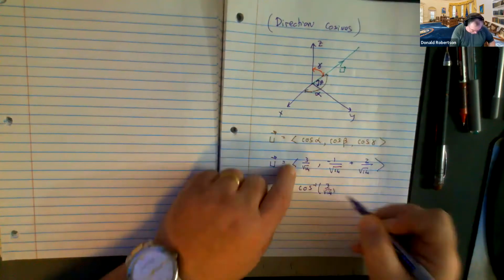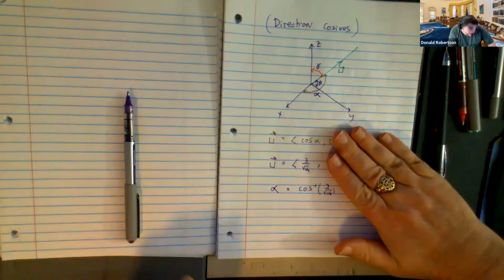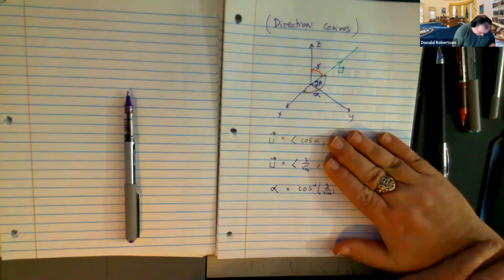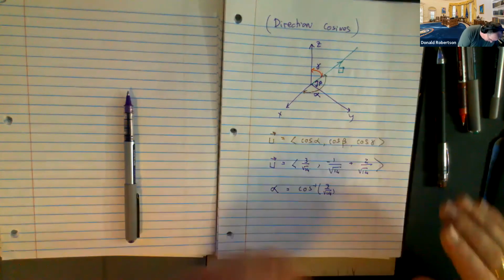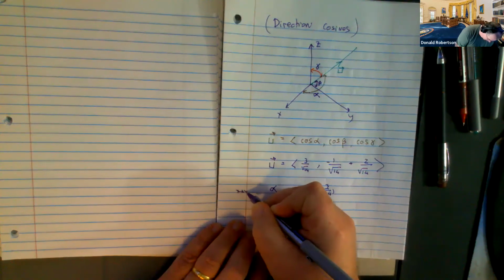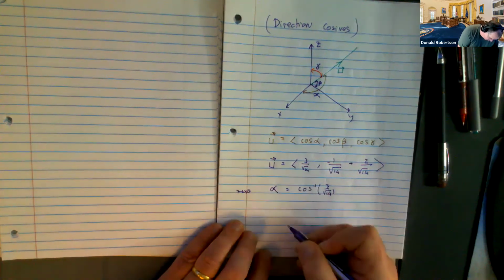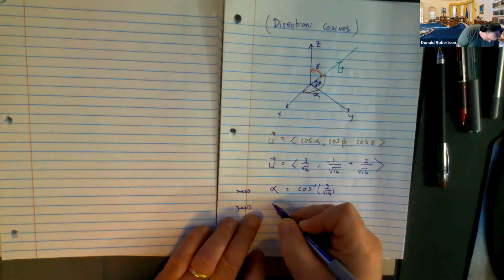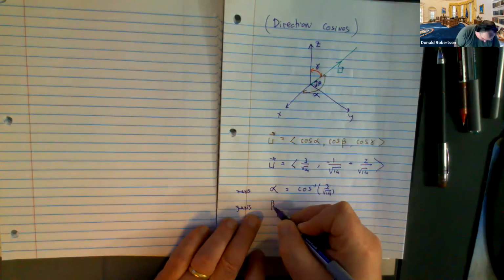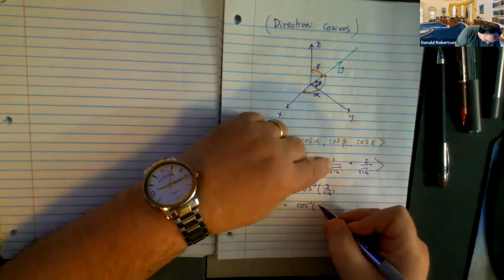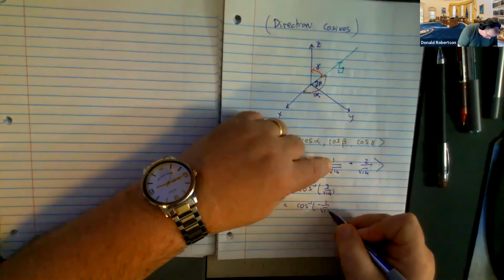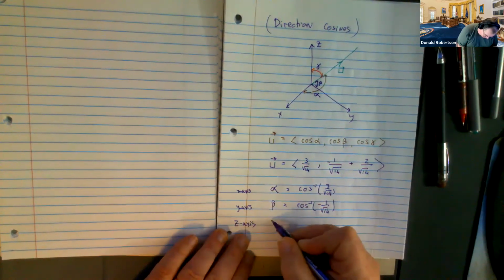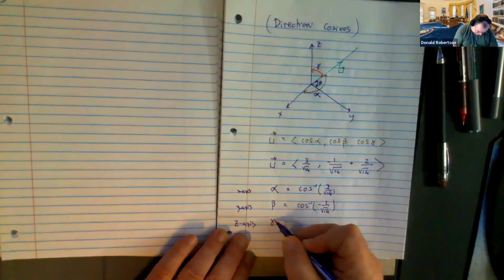Why does that work? Well, if the cosine of alpha is this, isn't alpha the inverse cosine of that? That makes sense? And that's the angle that my vector makes with the x-axis. If I want to know what angle it makes with the y-axis, we call that angle beta, and it's going to be the inverse cosine of this guy. And then if you want to find what angle it makes with the z-axis, gamma, it's the inverse cosine of this guy.